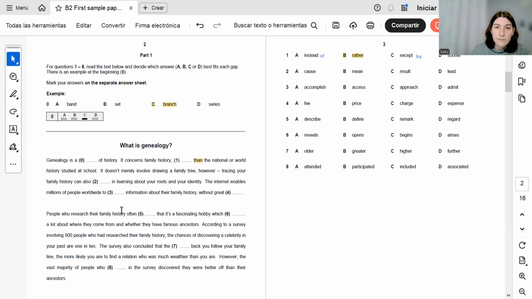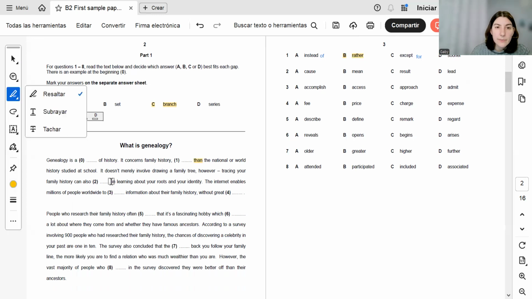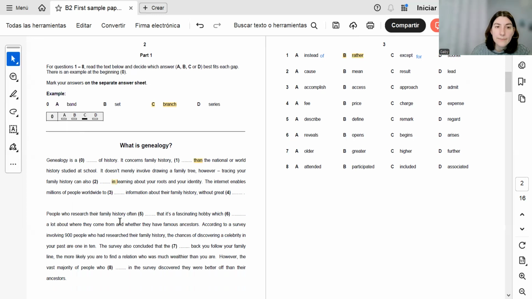Okay, we continue. It doesn't merely involve drawing a family tree. However, tracing your family history can also, again, we notice a preposition here, in, learning about your roots and your identity. Okay, cause something, we don't have a preposition with that.